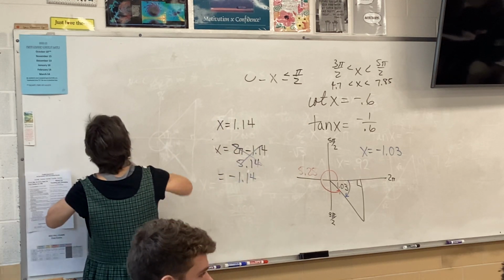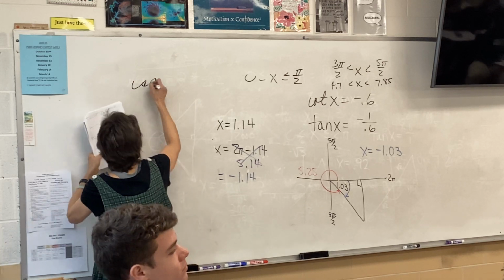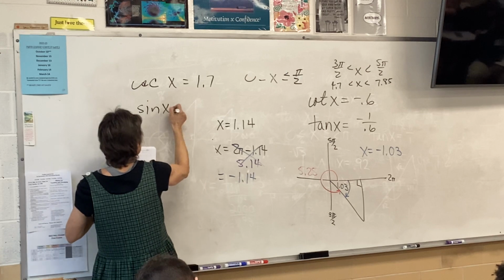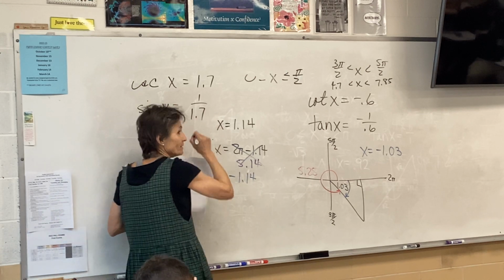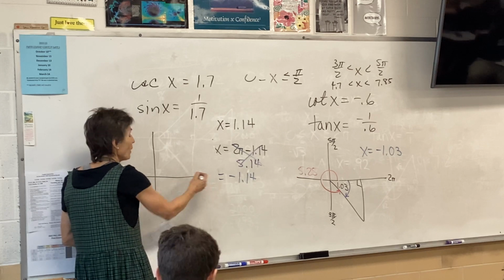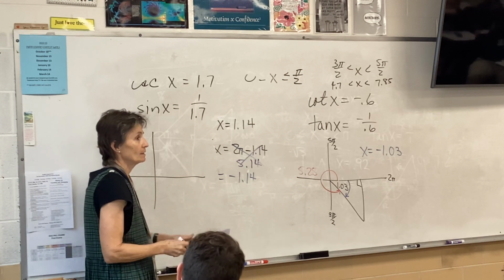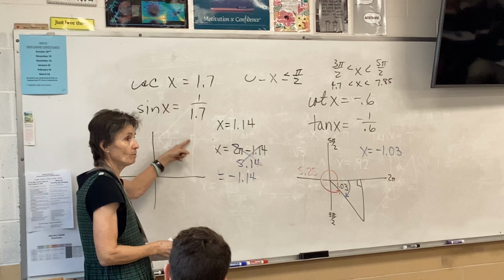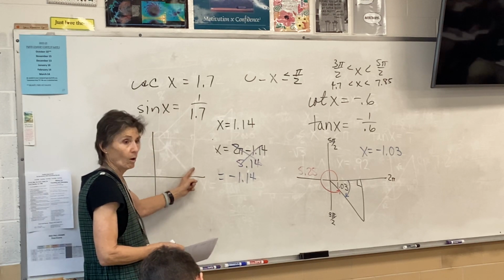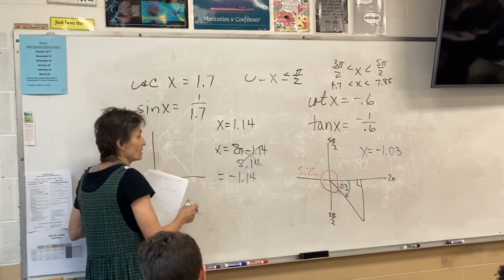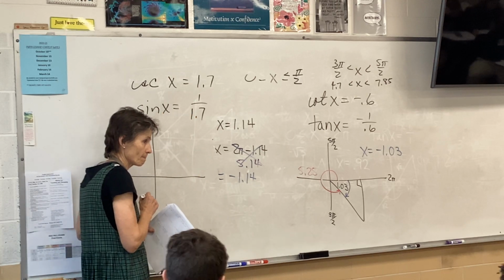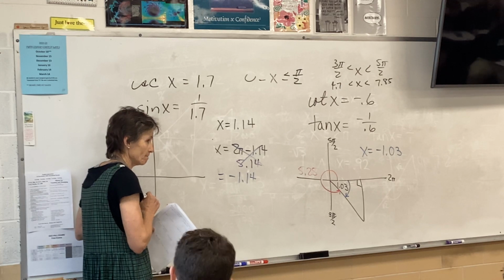Cosecant 1.7 means the sine is 1 over 1.7. And we're between 0 and 2 pi. So all the way around, right? All right, so here we go. Sine is positive. Where does that happen?